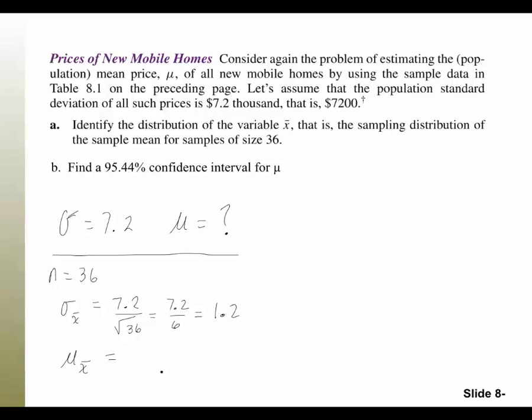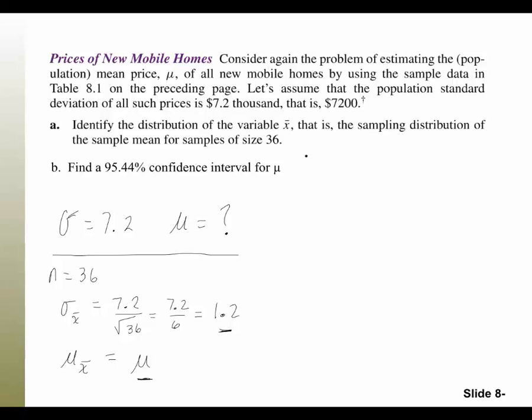Do we know what that is? No. But we know that it's equal to the population mean. So this is the best we can do: we have our standard deviation of samples of size 36, and we know that the mean of the means will be the mean of the population, which they didn't give us. But that doesn't stop us here, we can still make some progress. Identify the distribution of the variable x bar. That's what we just did. So there's the distribution: mean of mu, standard deviation of 1.2.